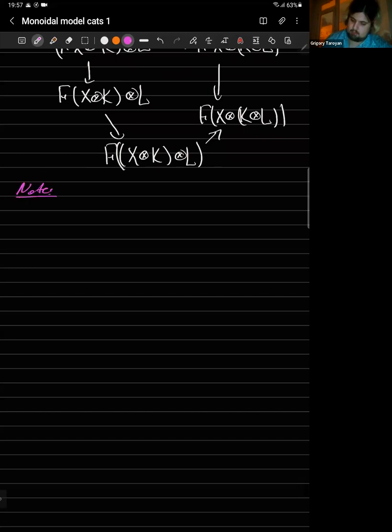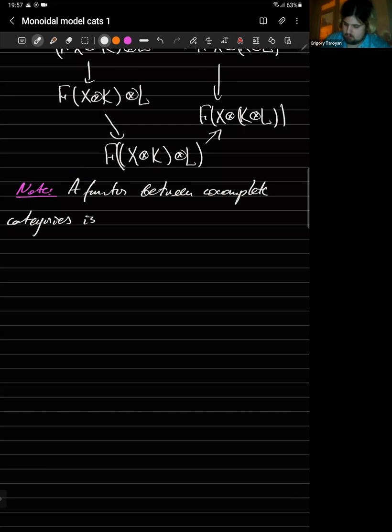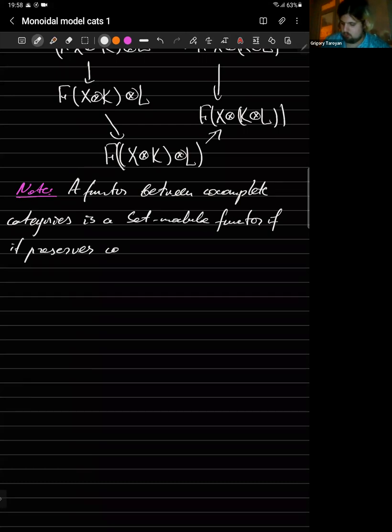Note that a functor between co-complete categories is a set module functor if it preserves co-products.